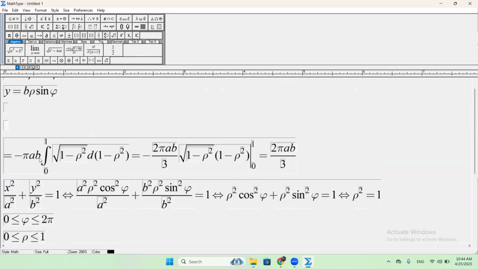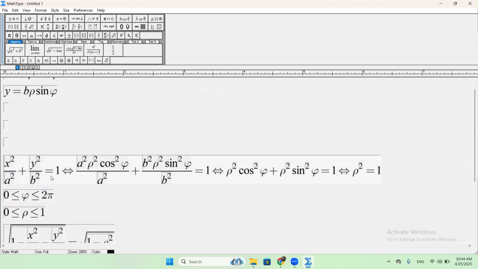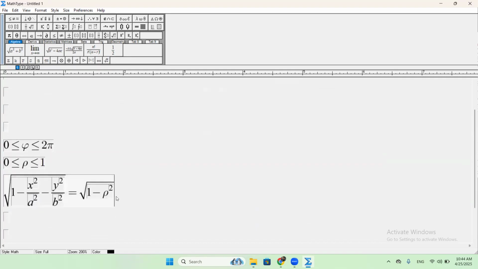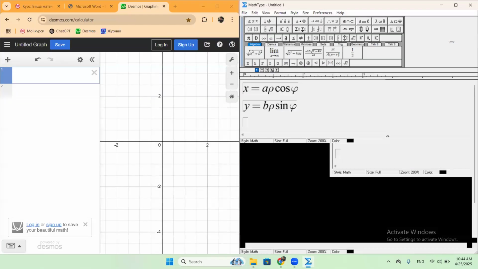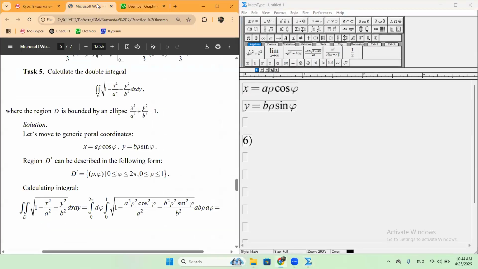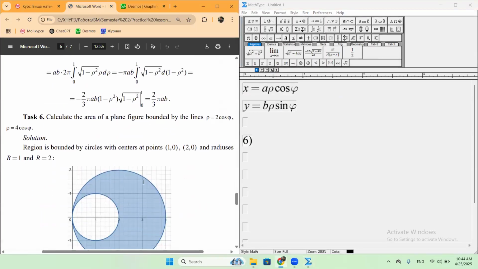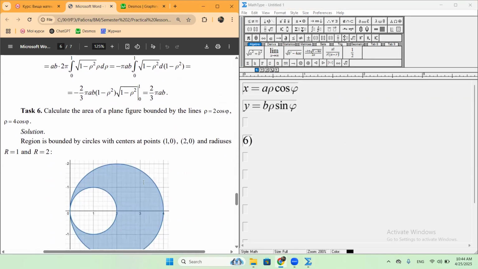Okay, if no questions, let's continue calculating integrals, and we will have an exercise where we need to calculate the area of a figure. The figure is bounded by the following lines: rho equals 2 cosine of phi, and rho equals 4 cosine of phi.